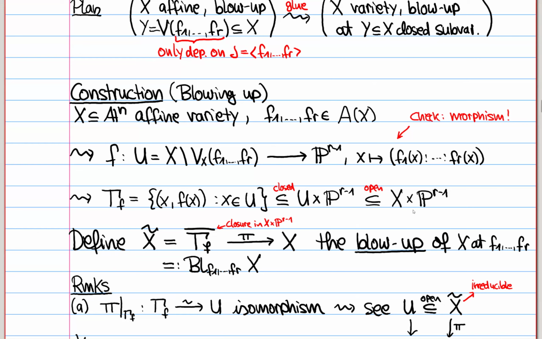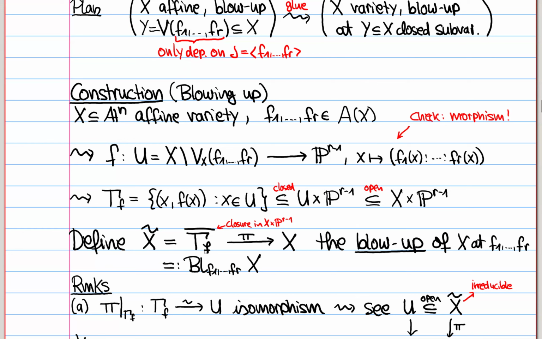And now we come to the definition that we're interested in. We define the blowup X tilde of X at these functions f1 up to fr by just taking this subset here, gamma f, we see it all the way here as a subset of X cross P^(r-1). And there it would only be locally closed. And so what we do is we just take the closure in this big ambient space.